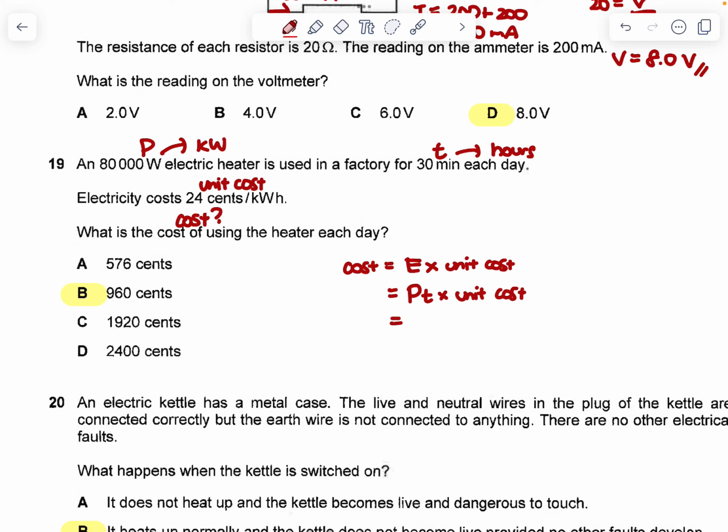P, 80,000, we need to change to kilowatt, which will be equals to 80 kilowatt times time, which is 30 minutes divided by 60 minutes to get it in hours, times the unit cost of 24 cents. You get the answer 960 cents.